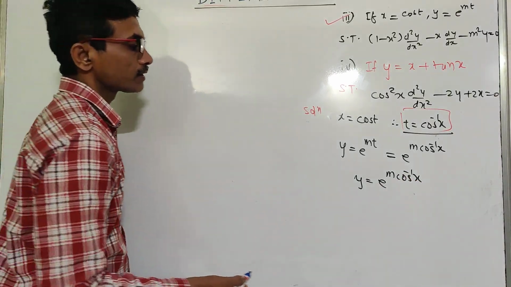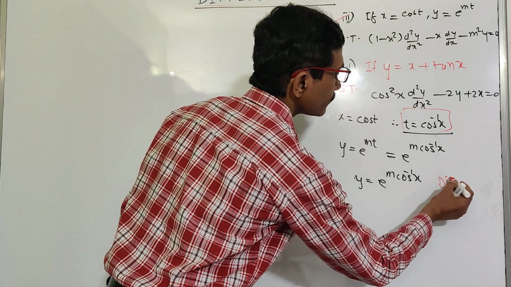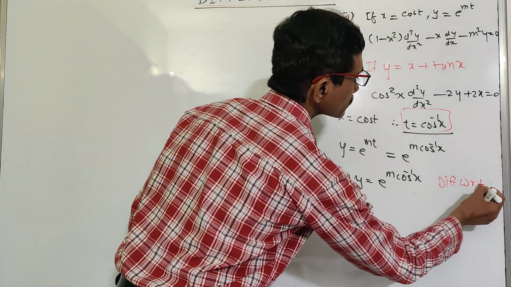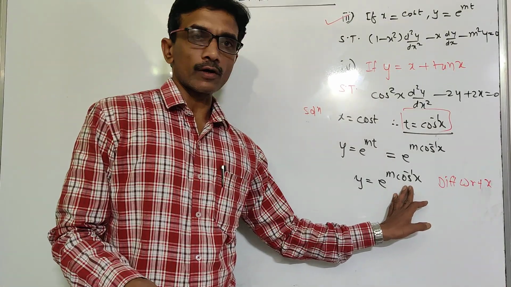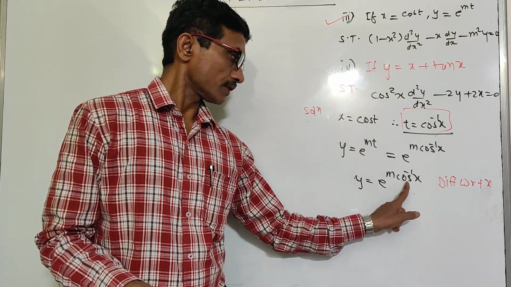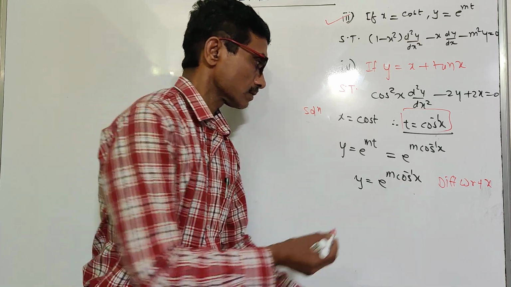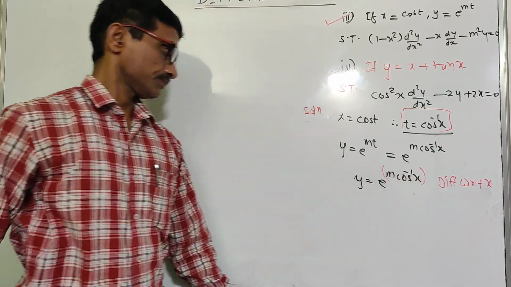Now differentiate it with respect to x. Here derivative of e raised to power f(x) is e raised to power f(x) into f dash of x.